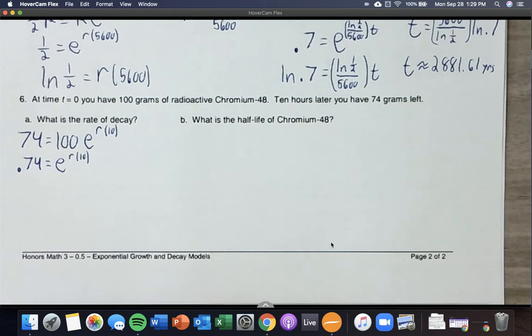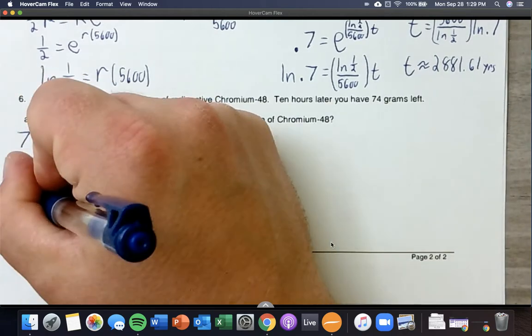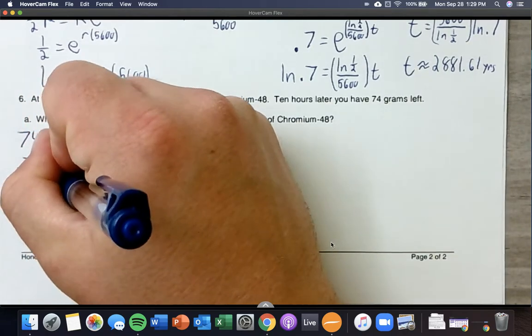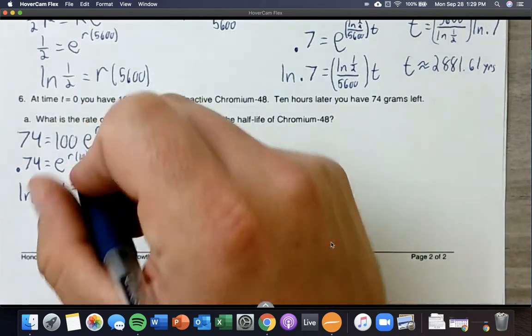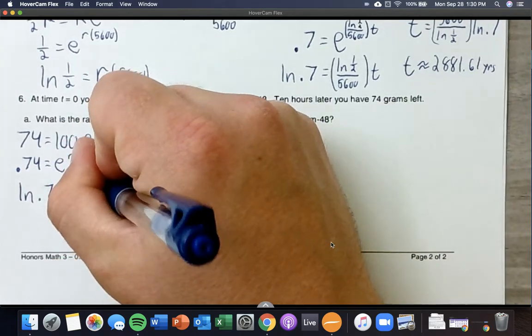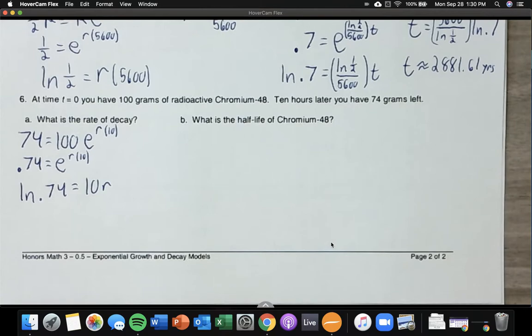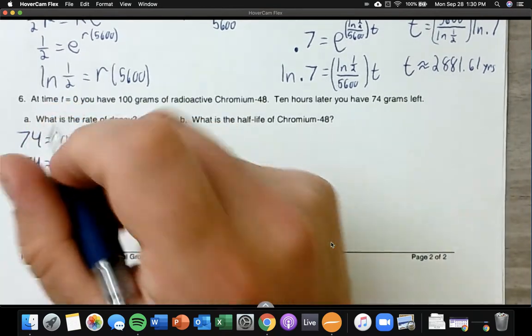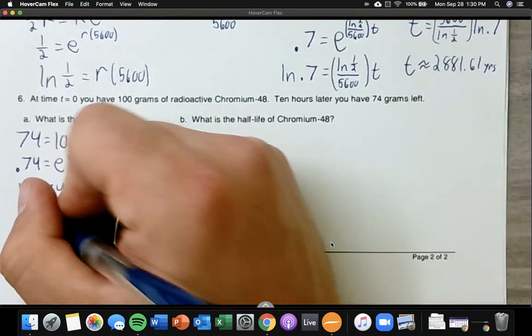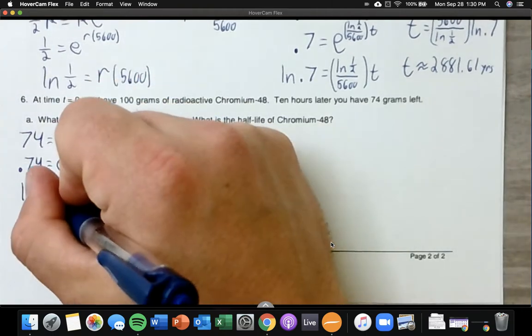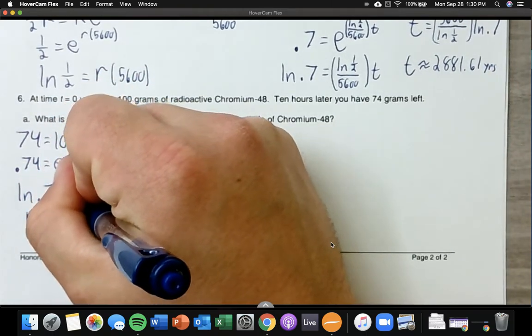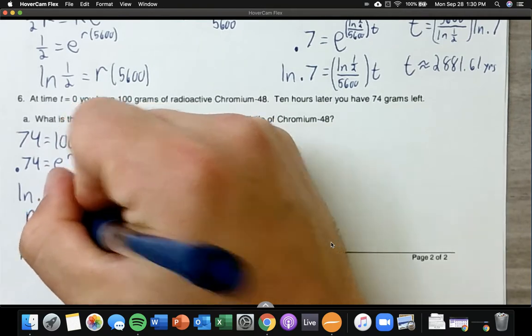And we convert it to our natural log, just like we've been doing. All of these problems are really similar. A lot of the times we're going to be converting to that natural log. So this becomes natural log of 0.74 is equal to our exponent, which we can rewrite as 10r. And so r would be equal to, we can divide this 10 over, the natural log of 0.74 all over 10.